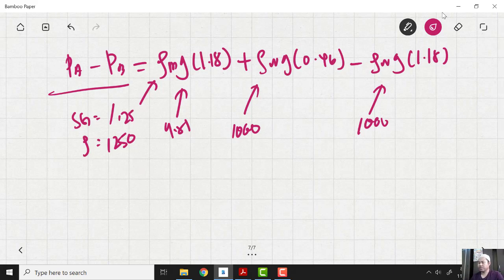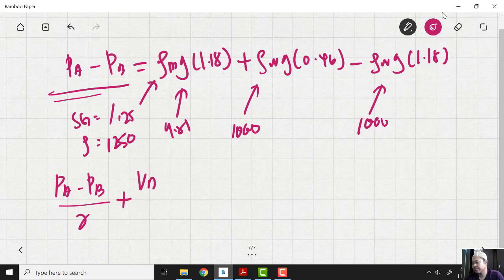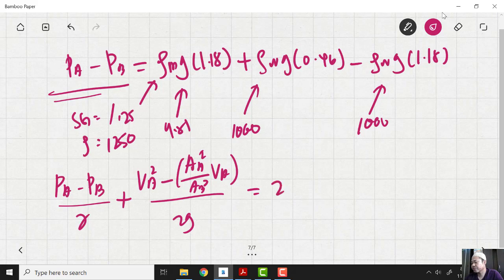If you find the value of PA minus PB, you can substitute it inside this equation: PA minus PB equal to gamma times (VA squared, minus VB squared) over 2g, with VB equal to AA over AB times VA. From here, you can solve the value of VA.